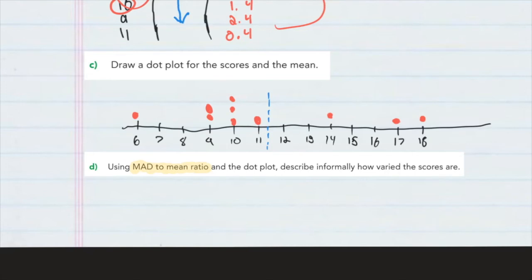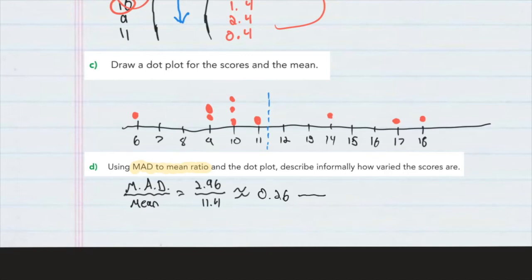The MAD to mean ratio is when you take the mean absolute deviation and you divide that by your mean. So when we do that to this value, we're doing 2.96 divided by 11.4. And when we do that, we get about 0.26.